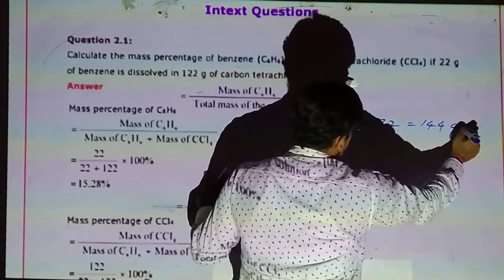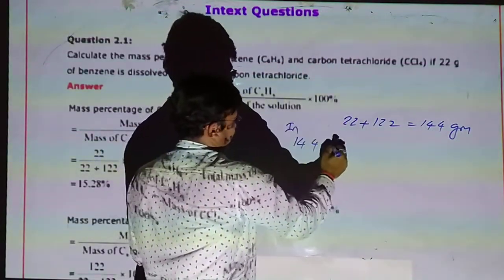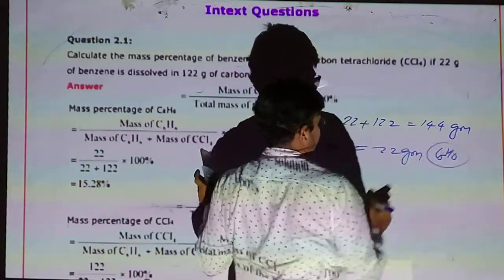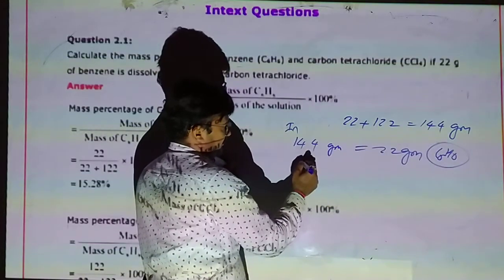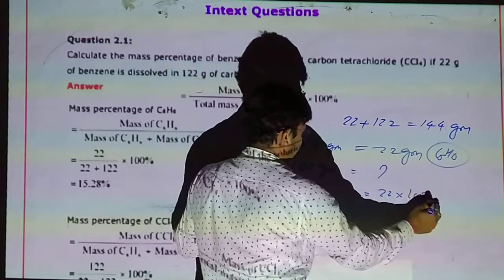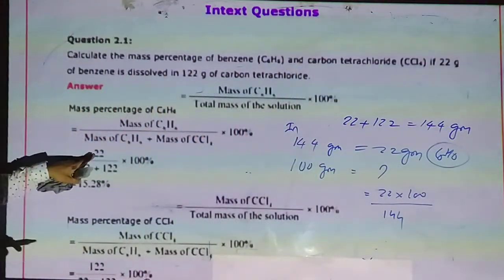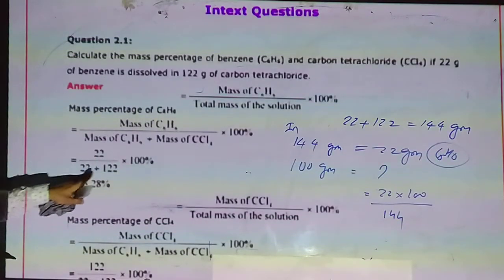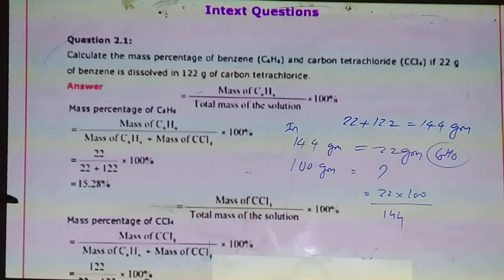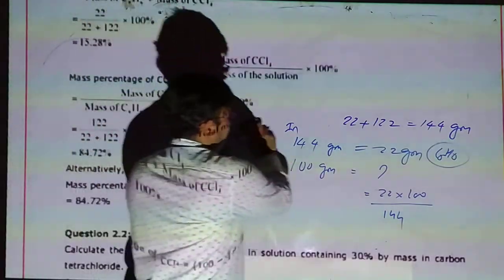So 144 gram, clear? In 144 gram, 22 gram benzene is present. So at 100 gram, how much? So 22 into 100 upon 144. 22 upon total mass 144 into 100. So 15.28%.